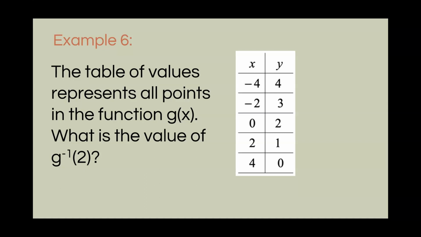Alright, I hope you paused the video and took the time to try this problem out, and now let's see if you got it right. It says, what is the value of g inverse of -2? So this is back to the beginning, and this is the x value, and I want to know what y is on the inverse graph. So first we have to make the inverse table, and I hope you did.